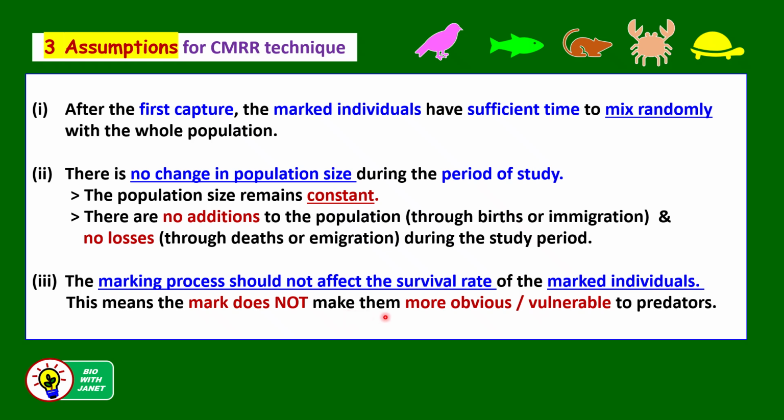The marking process should not affect the survival rate of the marked individuals. So we assume that the mark doesn't harm the individual and does not make them more obvious or vulnerable to the predators. That means that the mark is not toxic to them.